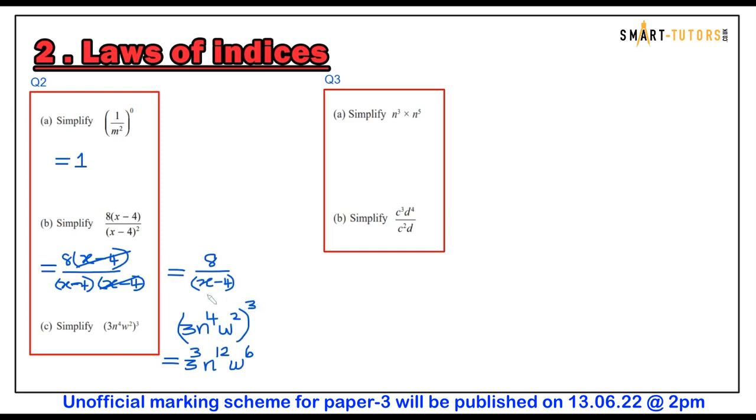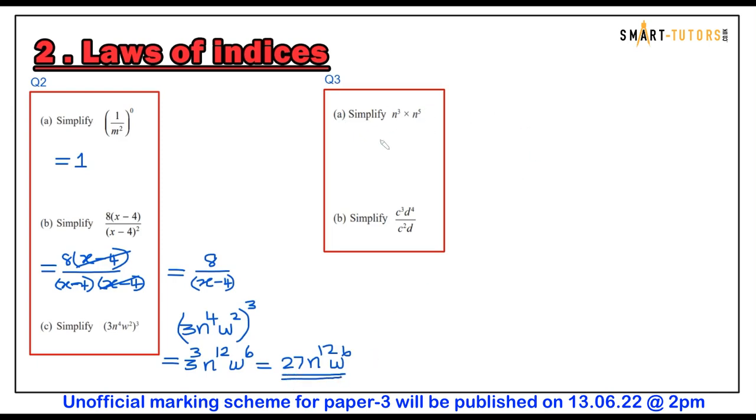So the 3 belongs to the 3, the n and the w. So 3 to the power 3, we all know is 27. You can use the calculator to find the answer. 27 n^12 w^6. So that is the correct answer for the C part.